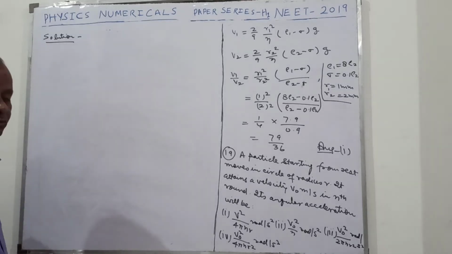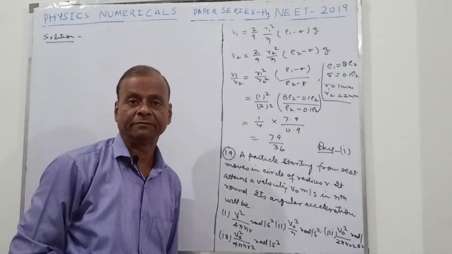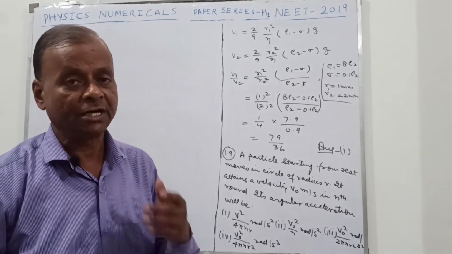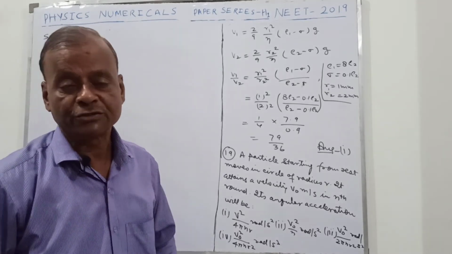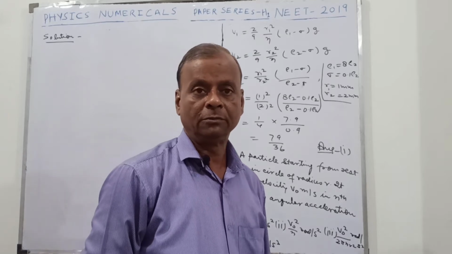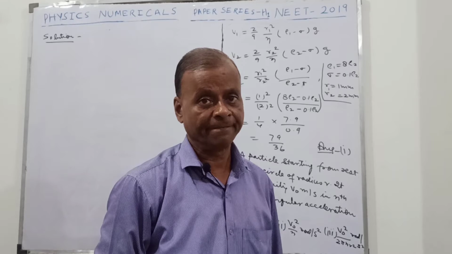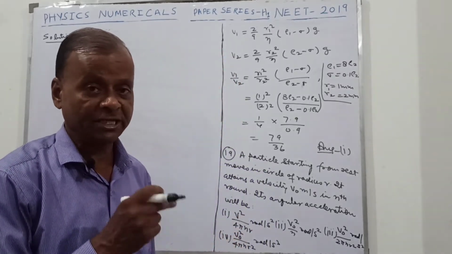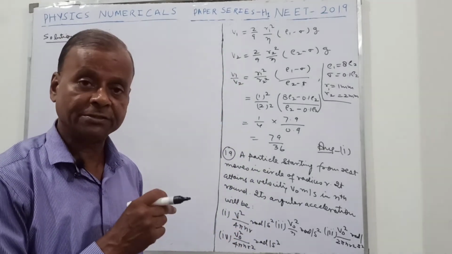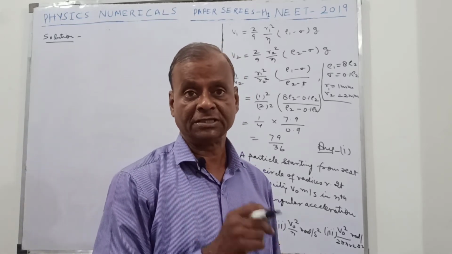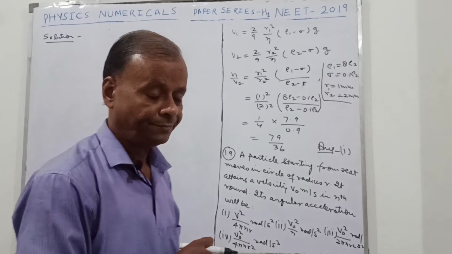Just like the motion of a particle in a straight line, we have three equations: v equals u plus at, s equals ut plus half at square, and v square equals u square plus 2as. Now here also we have the same equations, but there is a difference of notations. Here we take the angular velocities and angular acceleration.